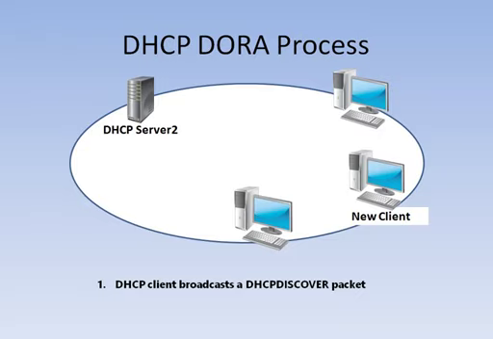Because we don't do any configuration on the client machine for the DHCP server, the client machine starts broadcasting, and that is known as DHCP discovery, the very first step. It sends a broadcast message to the entire network.